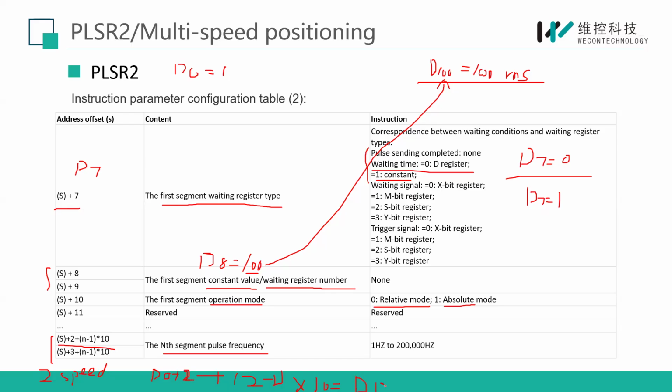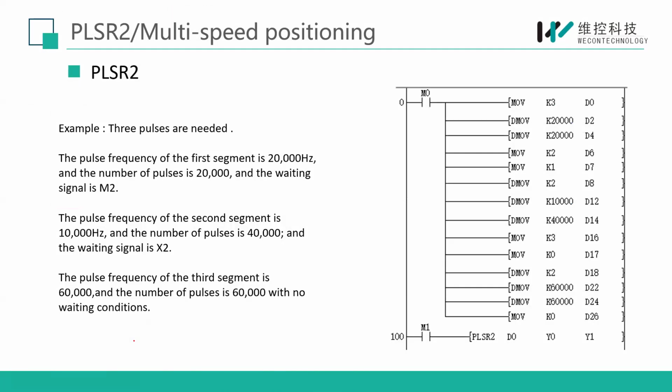So this means the D12 is the start of the second speed. For example, the third speed also follows the formula by this. Okay, let's see the demo.